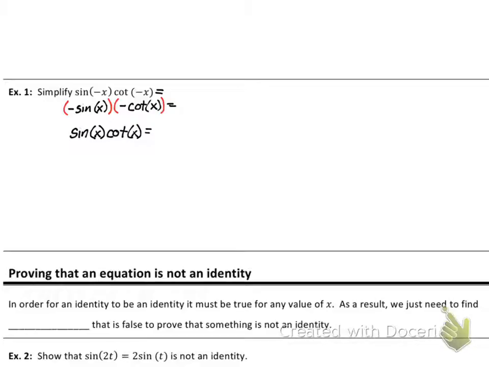So we can rewrite cotangent, and we really have sine of x times cosine x over sine x. All Ethan did is he looked at his identities and asked how he can rewrite cotangent to deal with something with sine. Well, that means my sines are going to cancel out, and I'm just left with cosine of x. And that's as simplified as we can get.